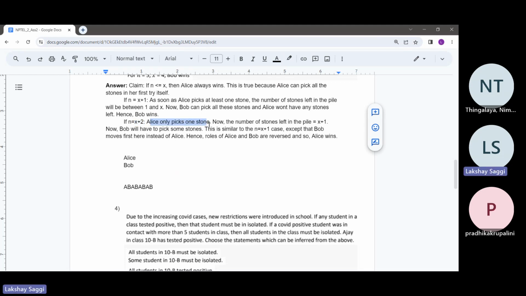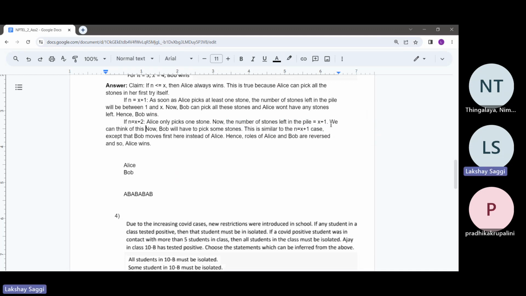As soon as Alice picks one stone, the number of stones left in the pile is x plus 1, right? And now we can think of this as a new game where Bob moves first.